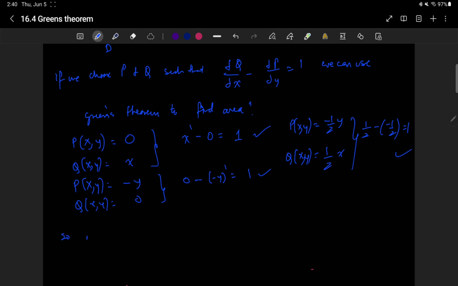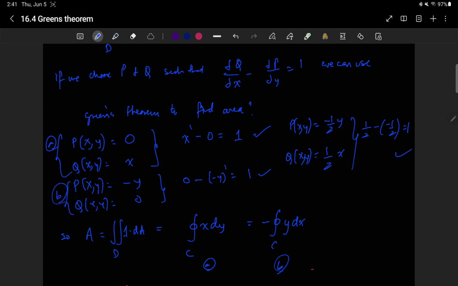So the area, now using Green's theorem in reverse, which would be the double integral of 1 dA, by Green's theorem in this case can be written as the line integral of x dy, if we are using this, right? So a, which would be the same as the negative line integral of y dx if we are using b, which would also be 1/2 line integral of x dy minus y dx if we were using c.